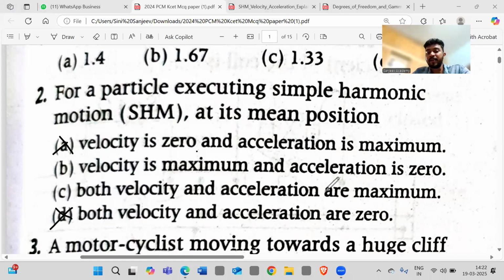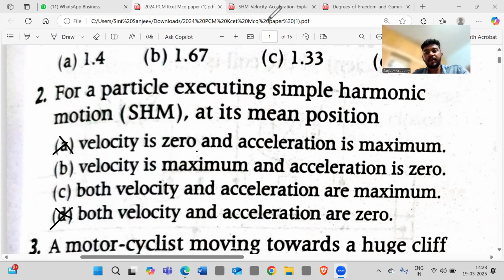Then both velocity and acceleration are maximum. See, again in this concept, displacement is measured at the center. When the pendulum goes from the left extreme position to the right extreme position, the displacement is maximum.